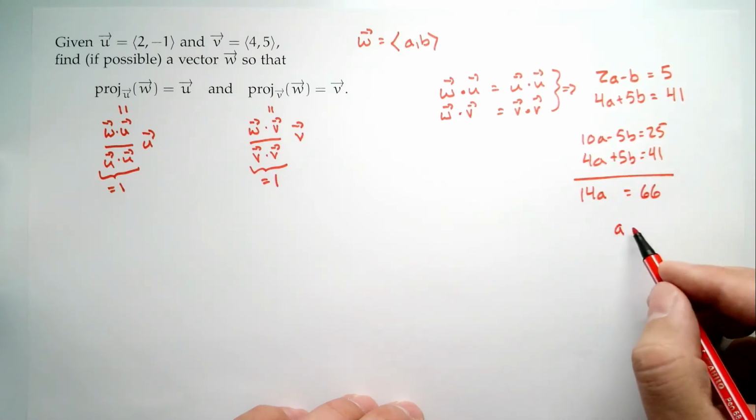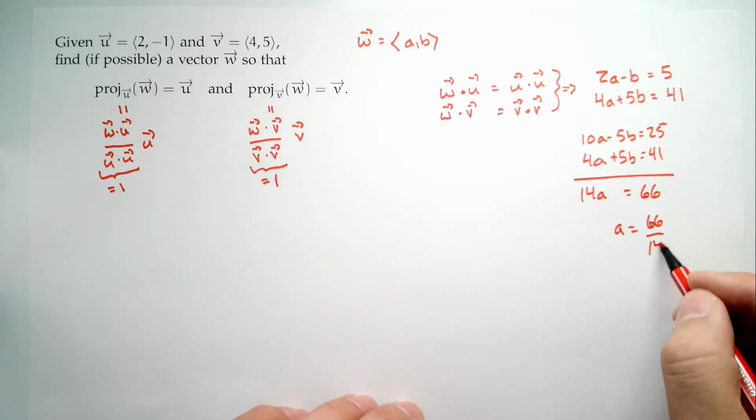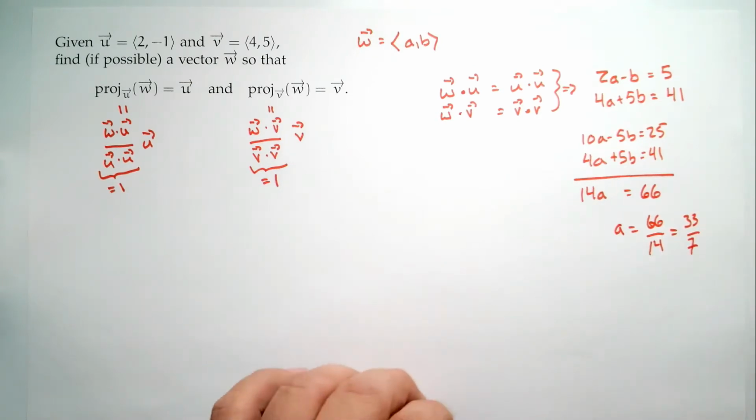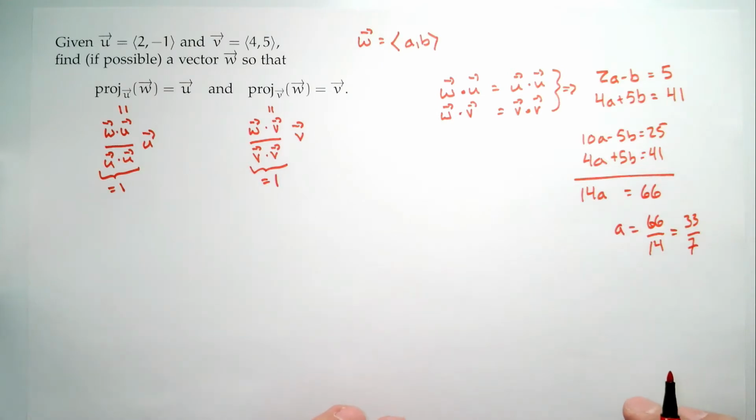So a is 66 over 14, also known as 33 sevenths. Now you might think, that's an unusually not nice number for your type of problem, Steve. But we don't have to have nice numbers all the time.